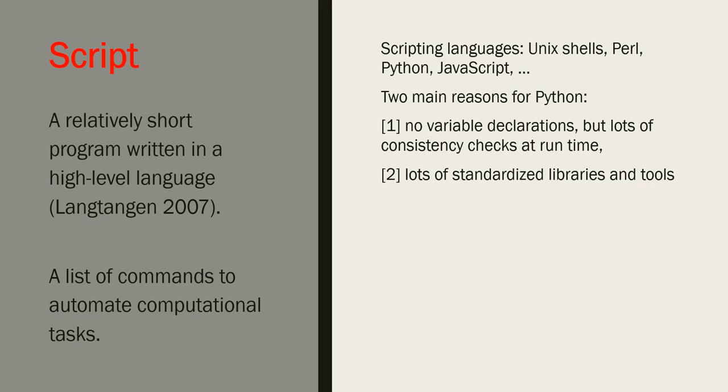There are other scripting languages, Perl, JavaScript. We select Python for a number of reasons. The first one is very useful, especially for beginners, which is no variable declaration. I will show you in a moment what it means, but for now what you have to understand is that whatever you put in your variable, Python is going to declare itself.